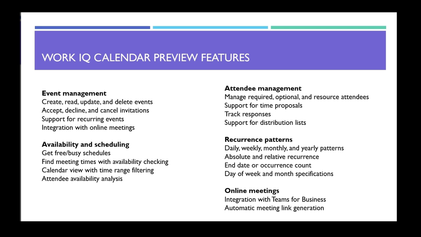You can do event management like create, update, read, and delete events, accept and cancel invitations. You can also create recurring events, and check availability to get the free and busy schedules. You can do attendee management, create recurring meetings, and also generate meeting links automatically.